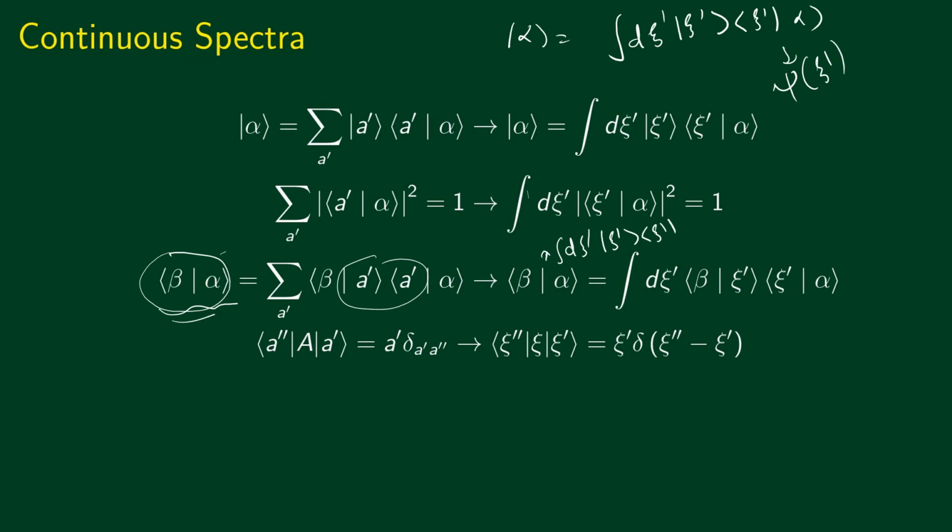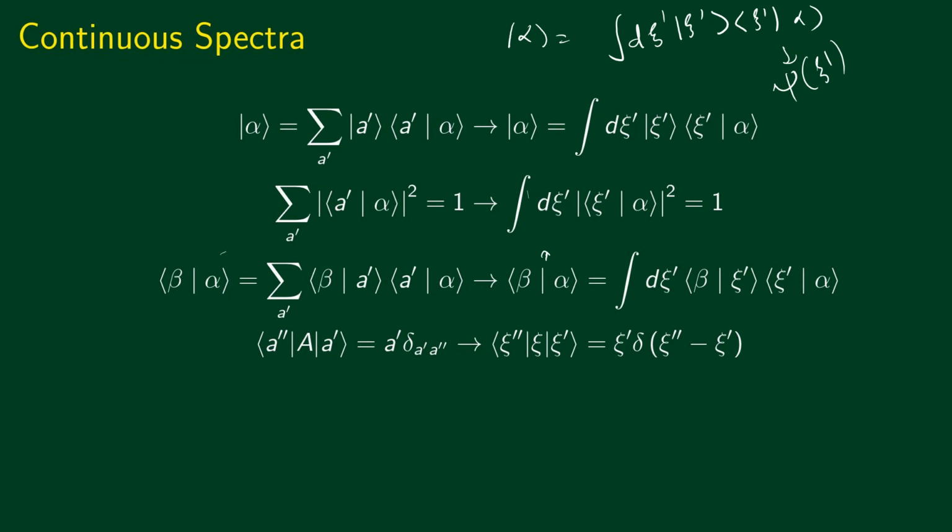So this integral d psi prime I pull out. I write it in this end, and then the rest of them I write together. Okay, so you'll have bra beta ket psi prime, that's this term, and then bra psi prime ket alpha. Okay, that's this term. So this is how you write a scalar product in this representation, the inner product.